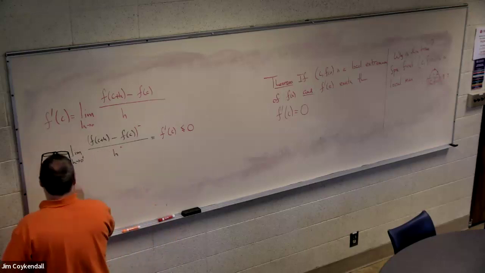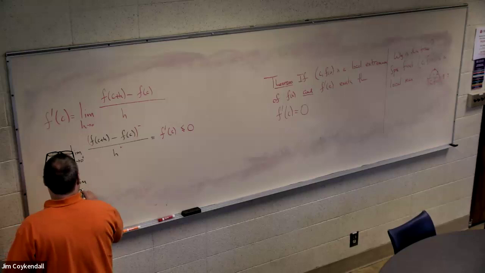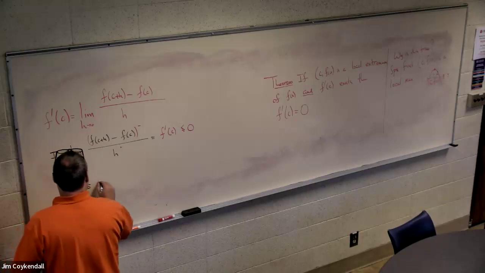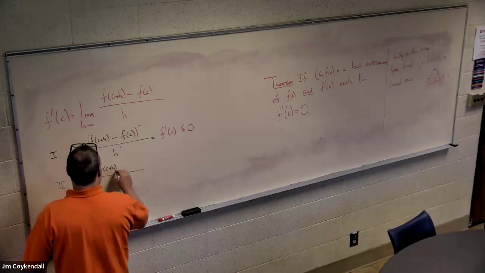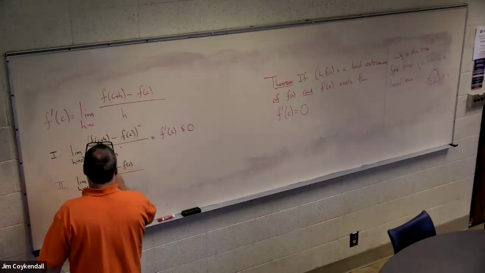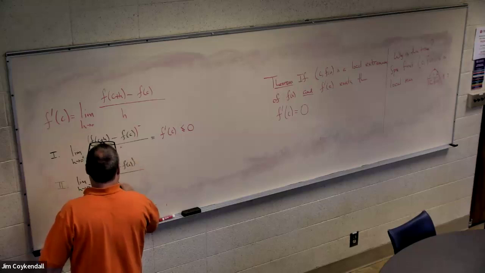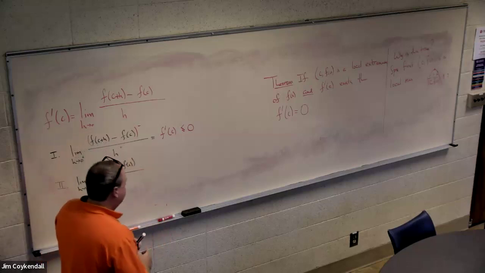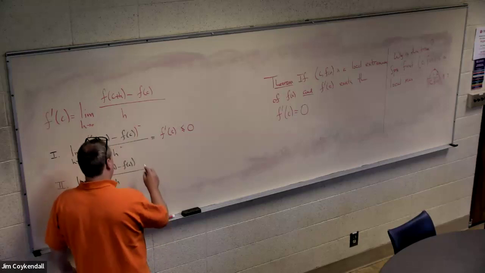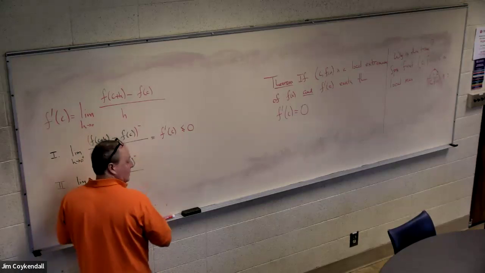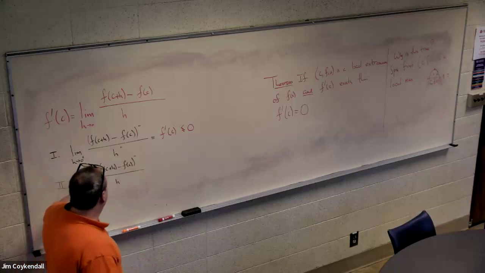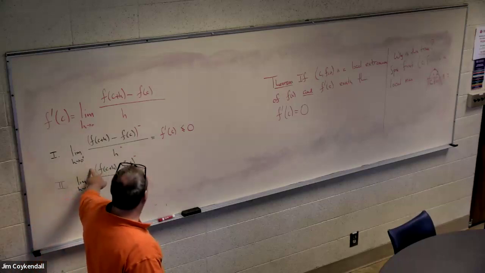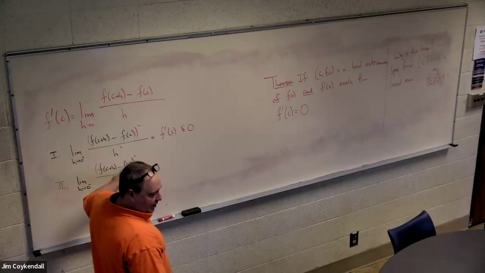So now let's check it from the other side. This time, notice that the numerator is still negative because f of c is still the big kid on the block.